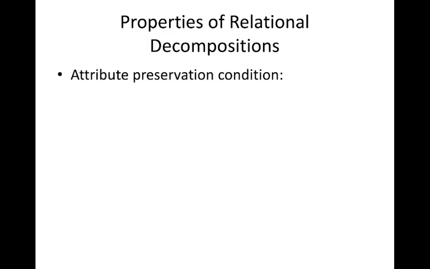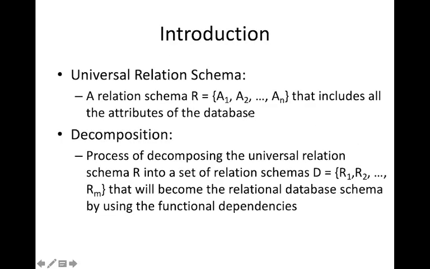The first one is the attribute preservation condition. Do you know what is meant by attribute preservation? We have A1, A2, etc., n number of attributes in this relation. When we decompose into R1, R2, etc., Rm, all these n attributes should appear in some relation.